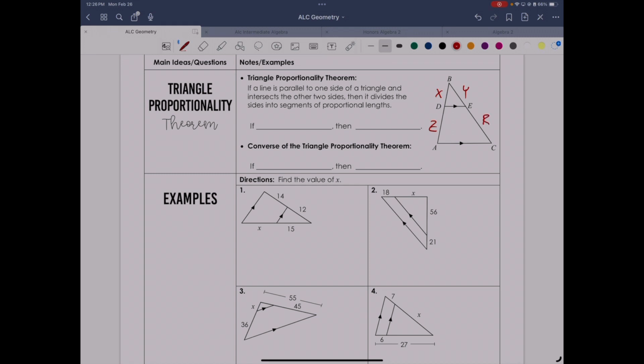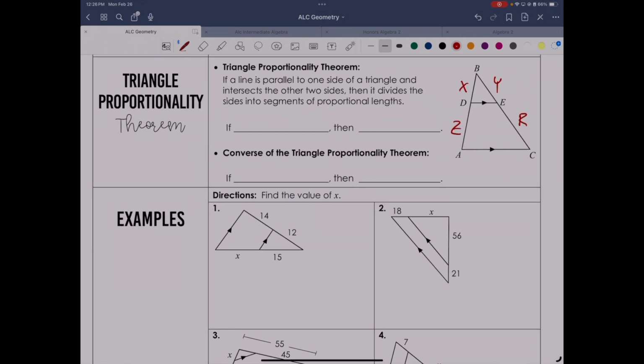It doesn't matter. Okay. The triangle proportionality theorem, the concept is this: if a line is parallel to one side of a triangle and intersects the other two sides, then it divides the segments into proportional lengths.